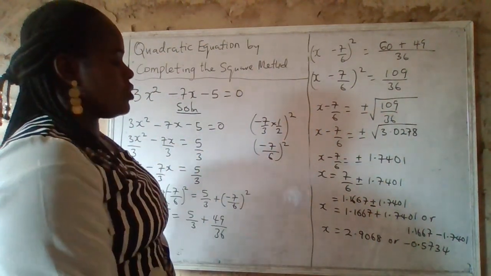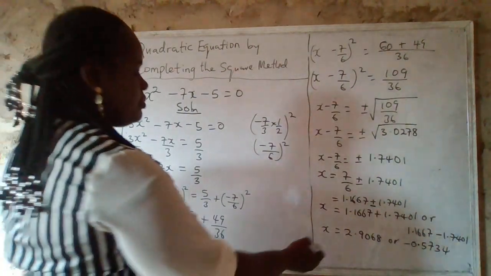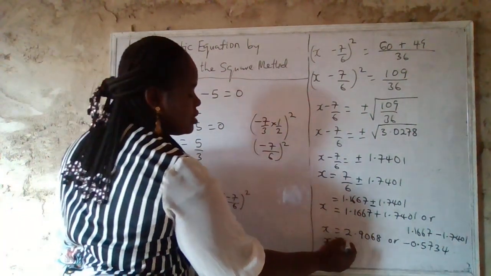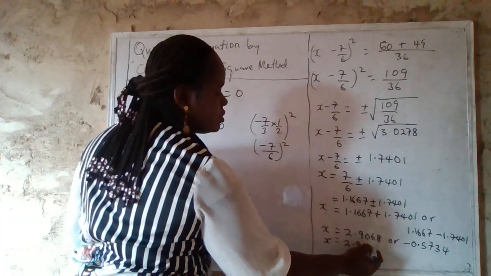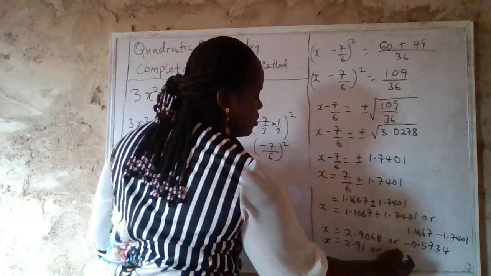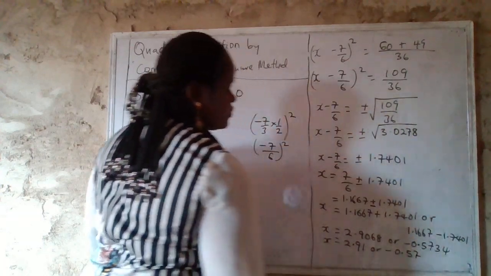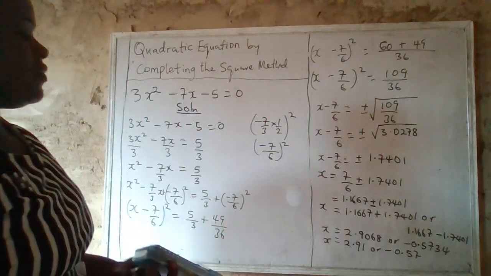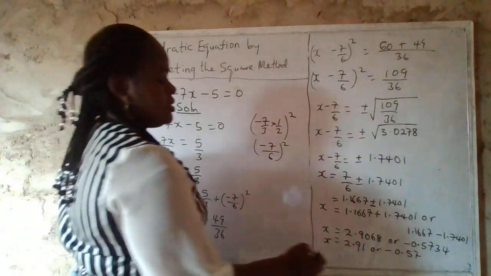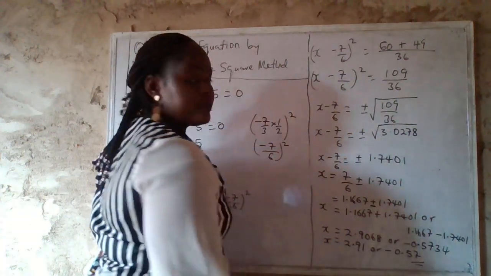If you decide to correct to two decimal places, you will have x to be 2.91 or minus 0.57. Okay, thank you, and that leads us to the end of today's class.